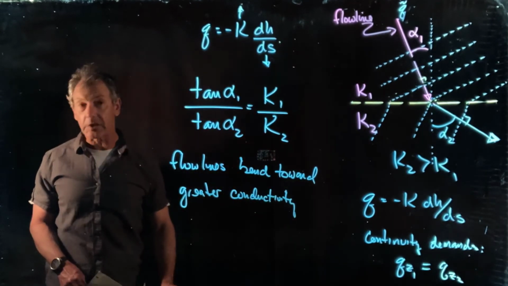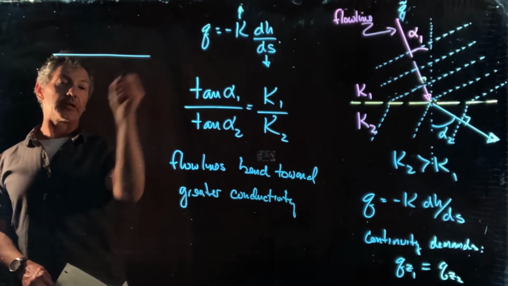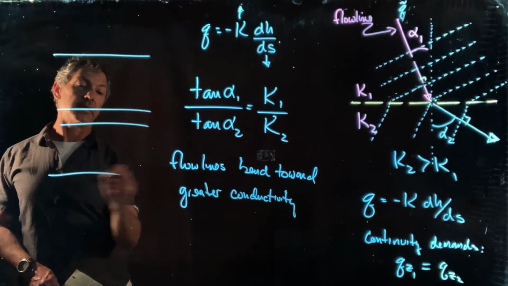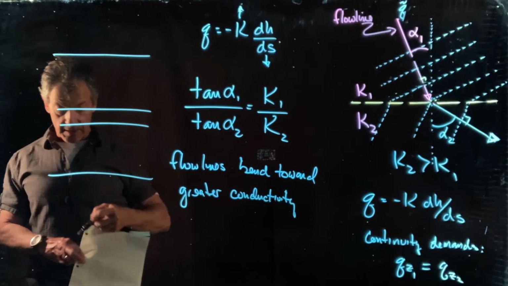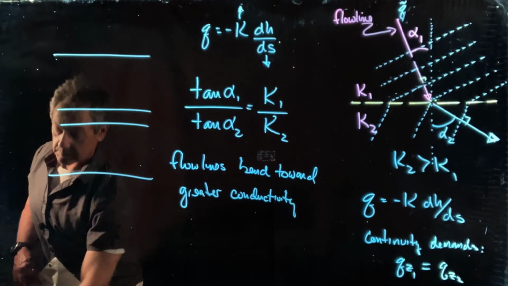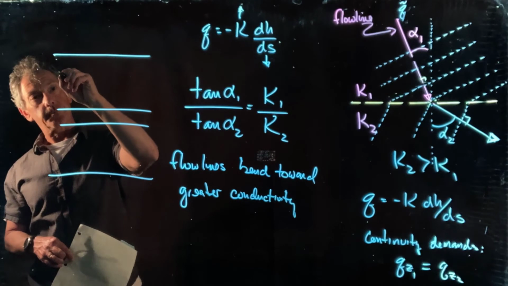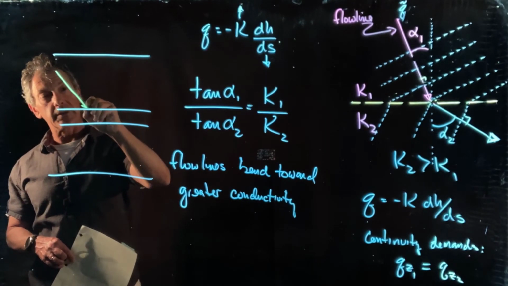So what this might look like if we had multiple layers is something like this. If we have a thin layer and we have a flow line that is coming at that, we have something like this.